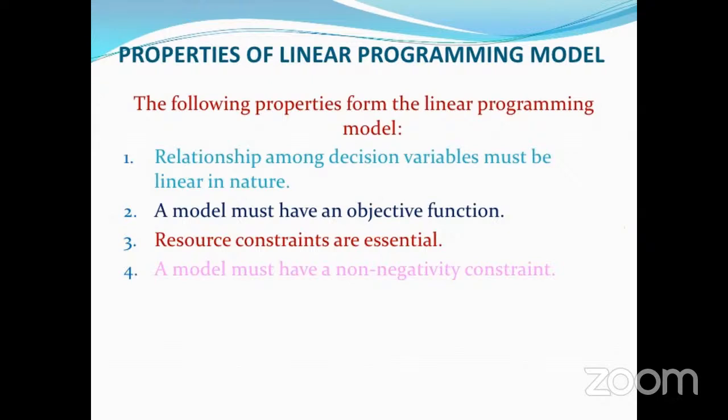We'll keep those units as an objective. Whether it is 20 units, 1,000 units or 100 units, minus 100 units we can't keep. So that is non-negativity. Negative cannot be applied here. So a model must have a non-negativity constraint; the conditions should not be in the negative way. We must follow these properties while converting a business problem into a linear programming model.